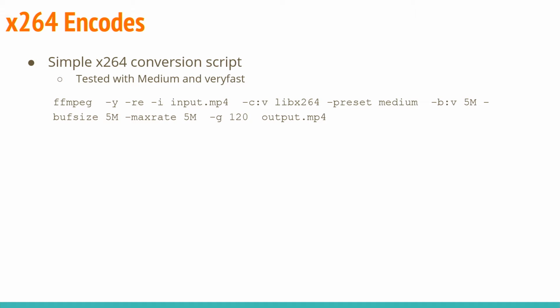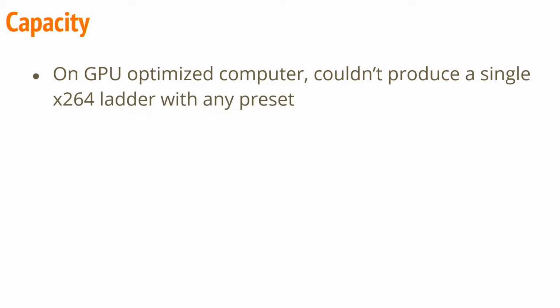Okay, here's what we use for medium and very fast. Again, no tuning. And then for very fast, we just changed the preset from medium to very fast. And then from a capacity perspective, on the GPU optimized computer that we tested the NVIDIA on, we couldn't produce any full encoding ladders with the NVIDIA solution.